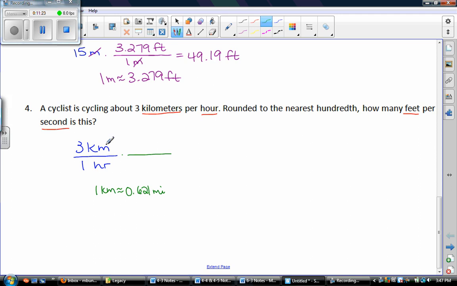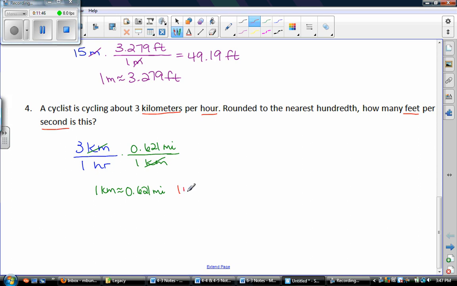So when we multiply, kilometers are in the numerator, so we'll put kilometers in the denominator. 1 kilometer, 0.621 miles. And now our kilometers will cancel. We have units in miles now. We still want to get to feet though, not miles. So let's go ahead and get another conversion.